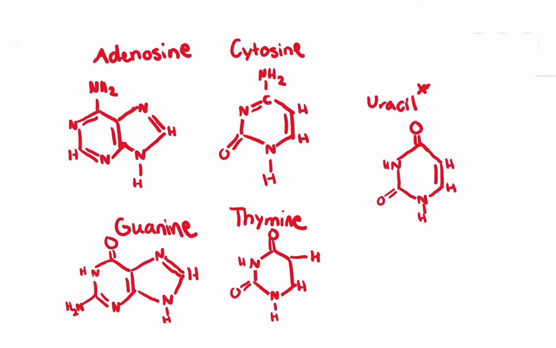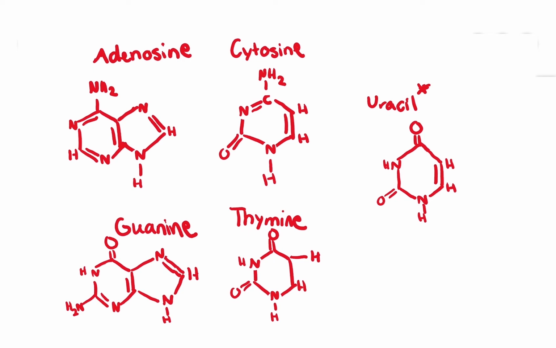And those are the 4 to the left: adenosine, cytosine, guanine, and thymine. In RNA, uracil actually replaces thymine, and so it's not actually found in DNA. The structure, as you can see, also differs. So the nitrogenous bases are not all uniform.